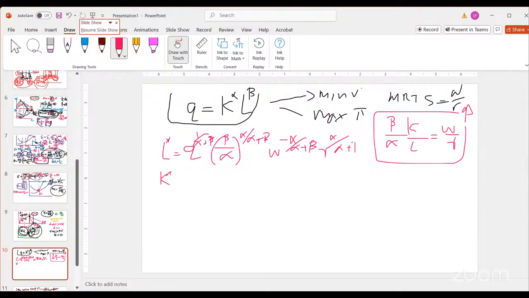So similarly, you derive the capital optimal also. With that, like I asked you, you can get the minimum value cost function.